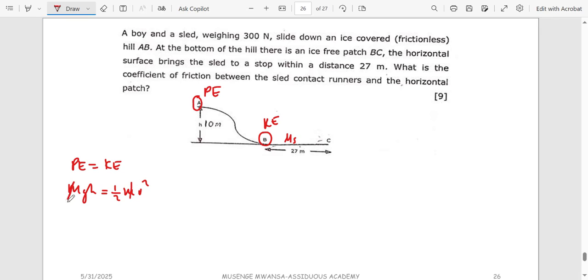Masses are cancelling out. Get these two in the denominator, multiply with the gh. So find that v squared is equal to 2gh. Square root both sides, you find that v is the square root of 2gh. So that will be square root of 2 times 9.8 times the height. You can see the height there is a 10.